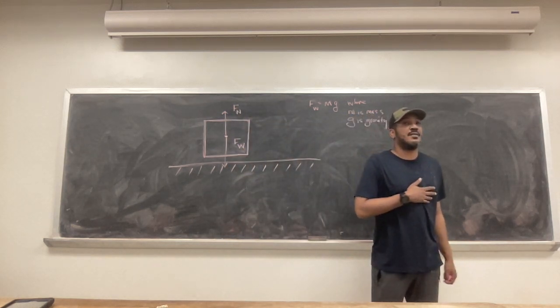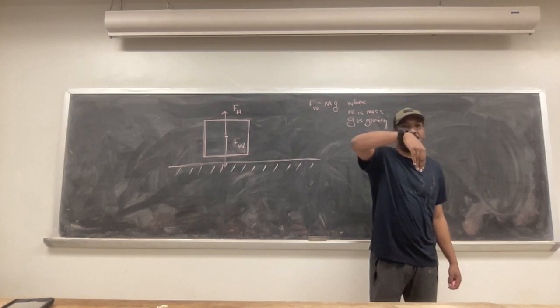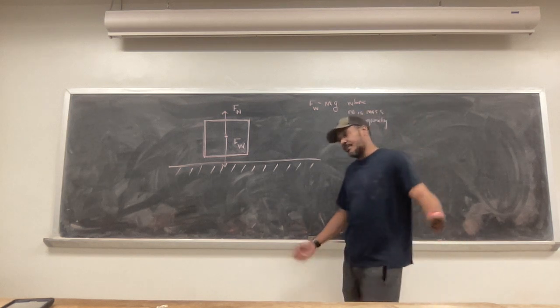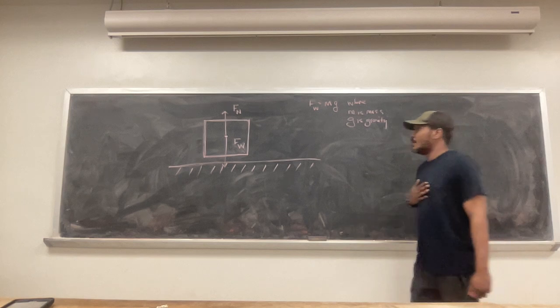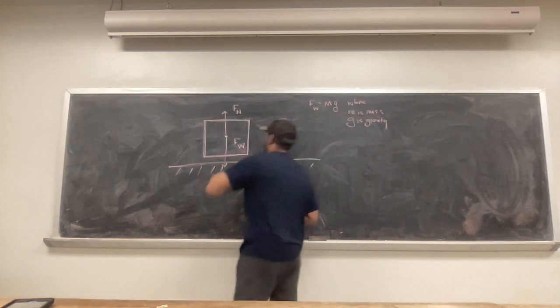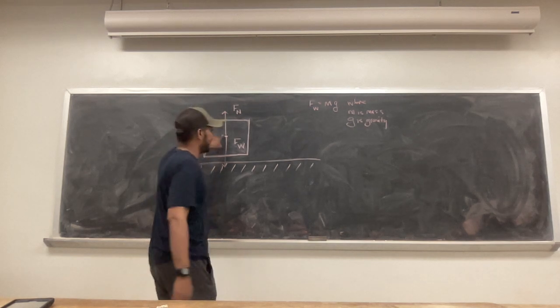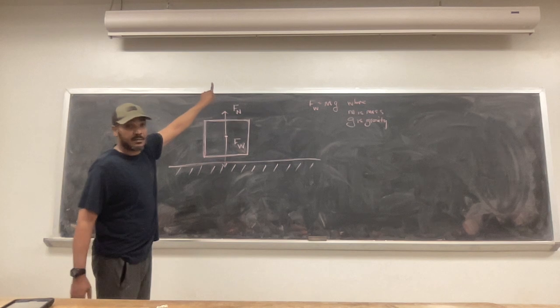Normal force. Remember when we had the statue of Abraham Lincoln sitting on the thing? Y'all don't remember. That was in the lecture. So the normal force is in the opposite direction of the weight.